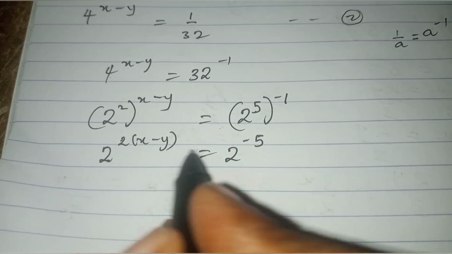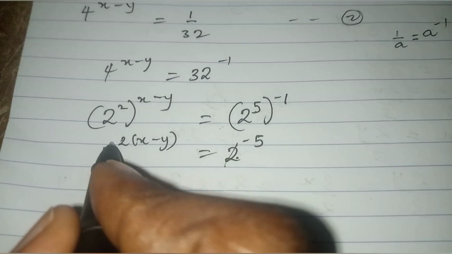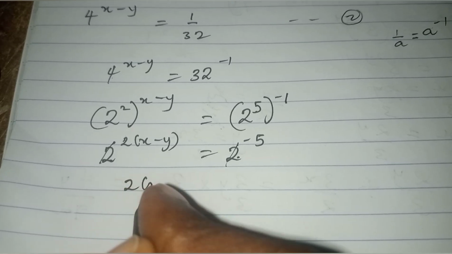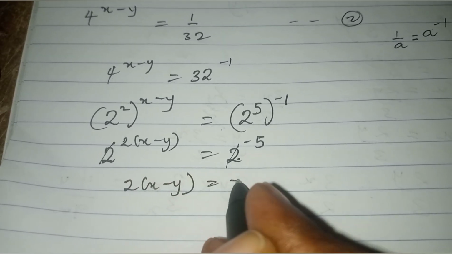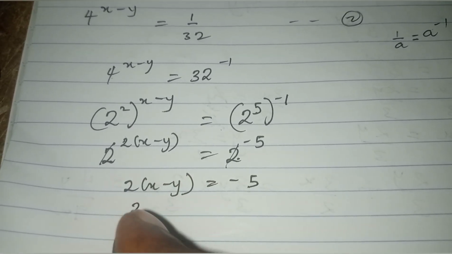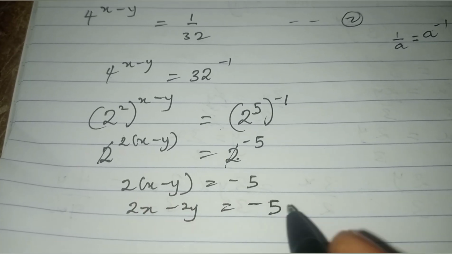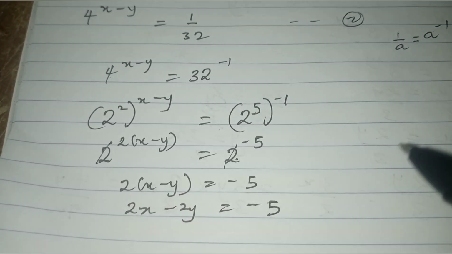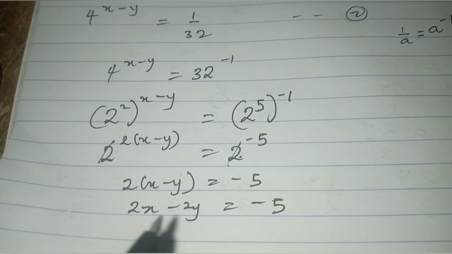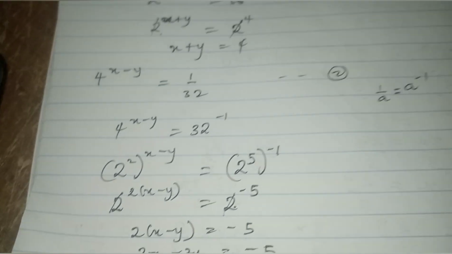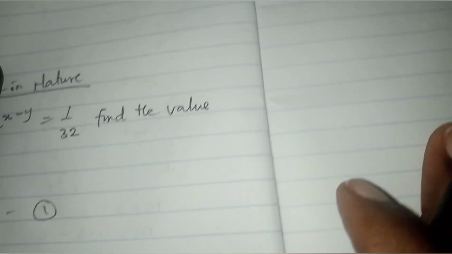We have 2 here and 2 here, the same base, so they will knock out each other. So we have 2 into x minus y equals minus 5. So 2x minus 2y equals minus 5. This is our second equation. Now let's solve the two simultaneously.